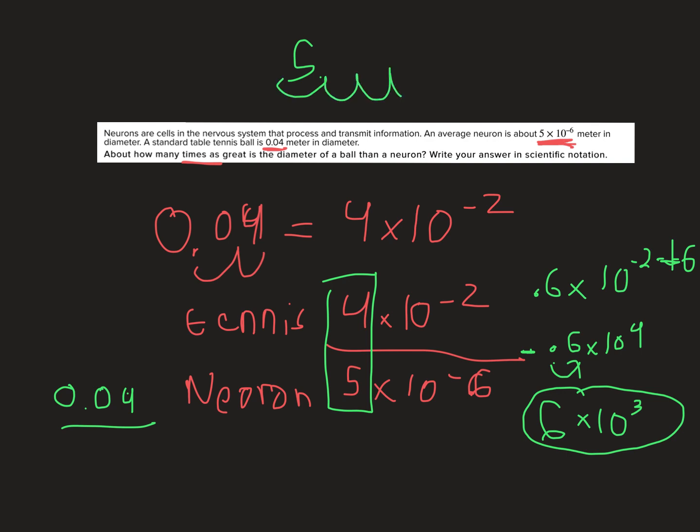One, 2, 3, 4, 5, 6. Put on that many zeros. So 1, 2, 3, 4, 5. Okay. But when you end up writing it, it has to be in scientific form.